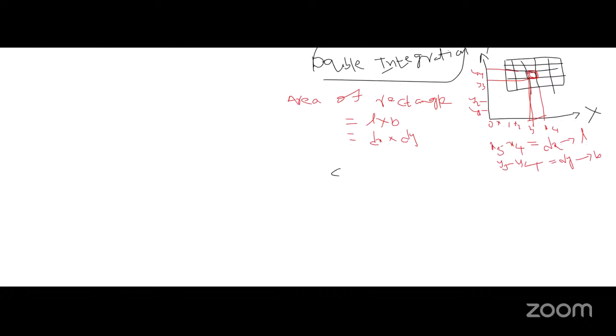So summation i equal to 1 to n of f of x comma y dx dy.